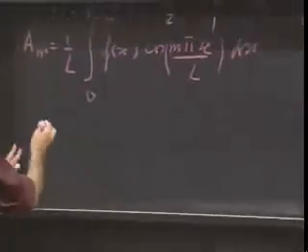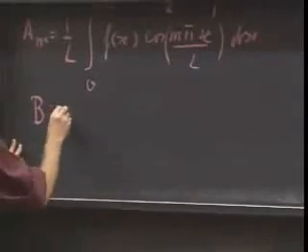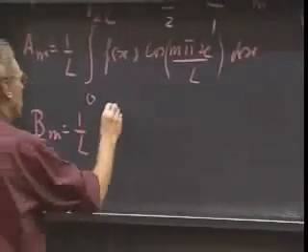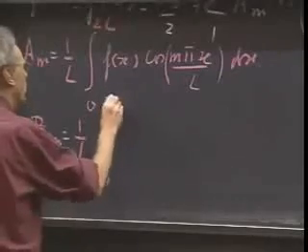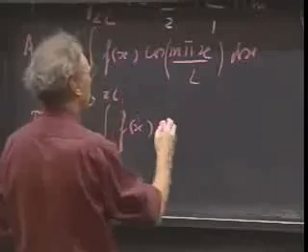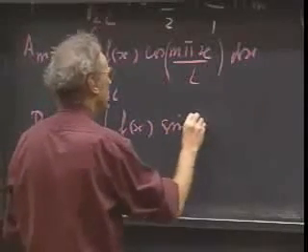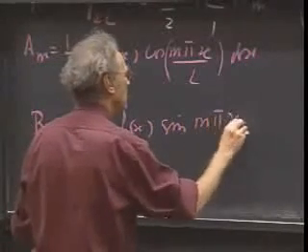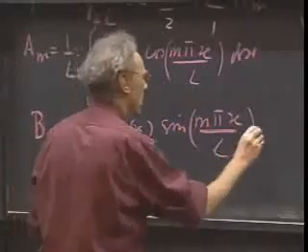And B of m is then 1 divided by L times the integral from 0 to 2L of my function x, which is my plucked string, times the sine of m pi x over L times dx.